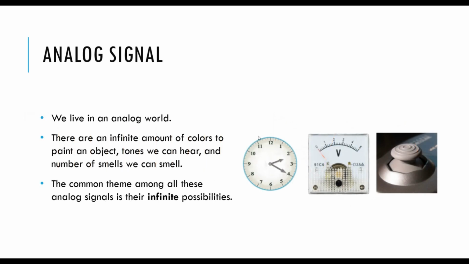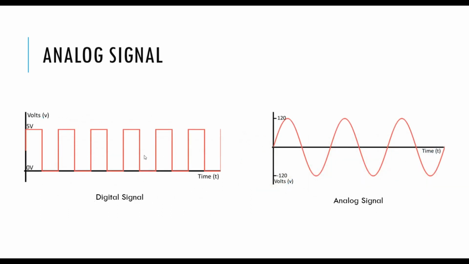If we think about the world around us, physical quantities are never binary or in discrete form. We tend to use units to describe them, yet their actual value is never of a discrete form.